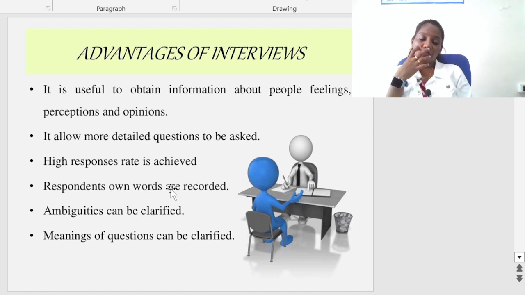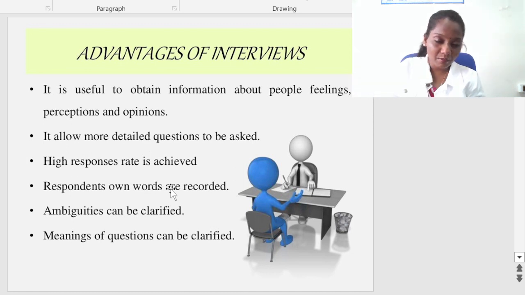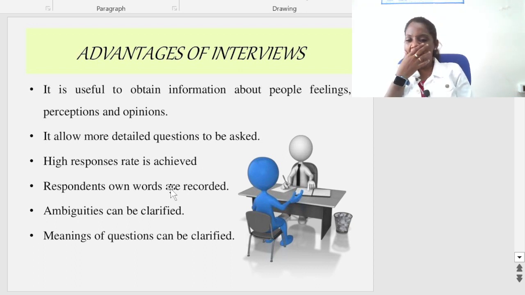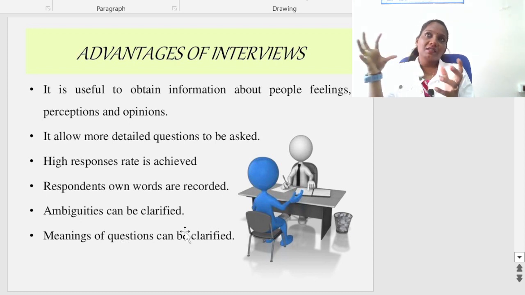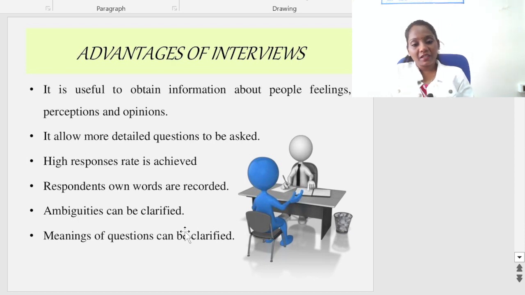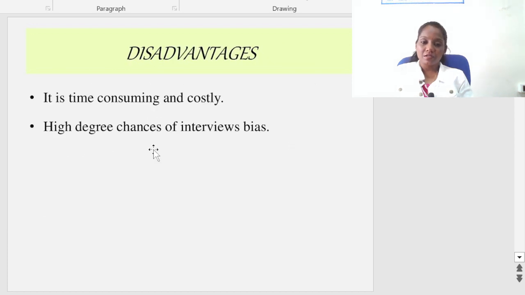The high response rate will be there, because illiterates also can be the participants, and respondents' own words are recorded, and ambiguity can be clarified. Suppose they are giving vague answers, those things can be clarified very clearly, and meanings of questions can be clarified. So that is about the advantages of interview.